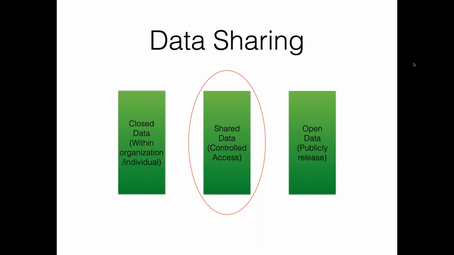For example, if you are sharing medical data, you should be able to anonymize the data so that you do not have access to the important information of the patient or any other information that the patient has not consented to be shared or to be publicly released. So I'm not going into that territory at all. That is actually a separate issue in its own right, and there's a lot of discussion to be done in that domain itself. What I'm going to talk about is the shared data where we have controlled access.